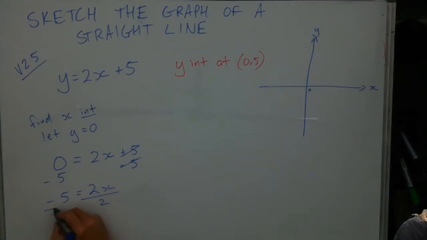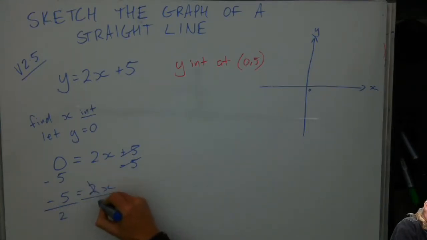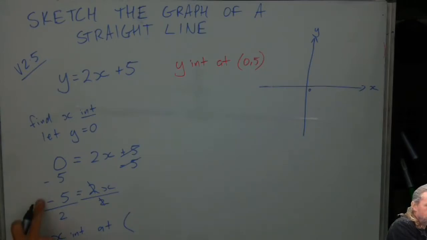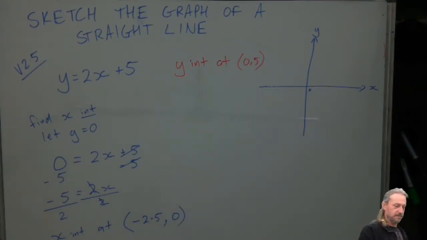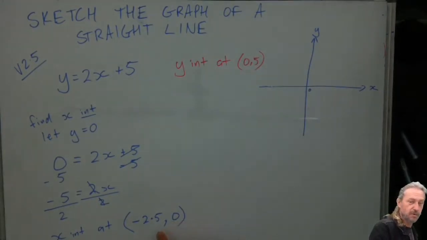And then divide both sides by 2. So that cancels with that. So our x-intercept is at negative 5 divided by 2, let's call that negative 2.5, comma 0.